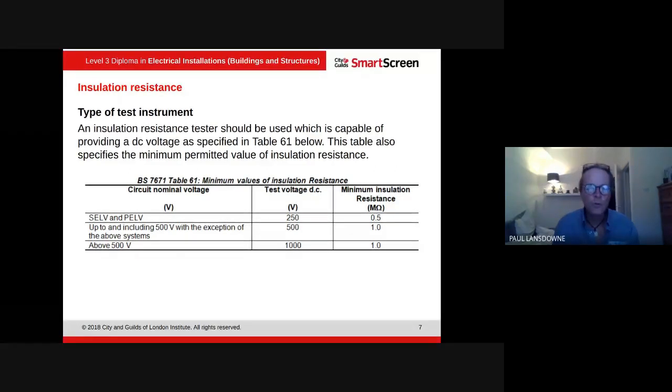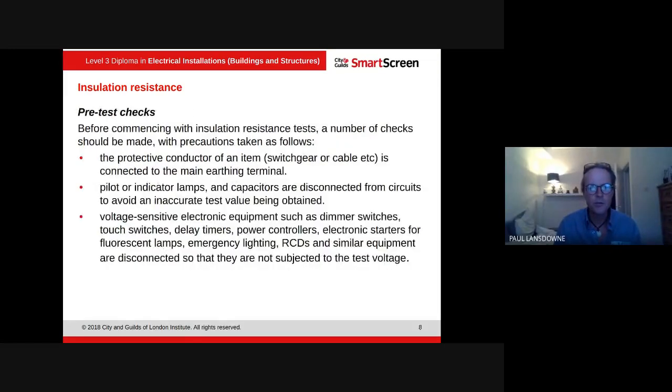Now, in normal situations, for circuits up to and including 500 volts, with the exception of the one below, we would use 500 volts and we would expect to get 1 megaohm as a minimum. And above 500 volts, we would use 1,000 volts at 1 megaohm minimum. So this is why we have the different testers and the different voltages that we would use.